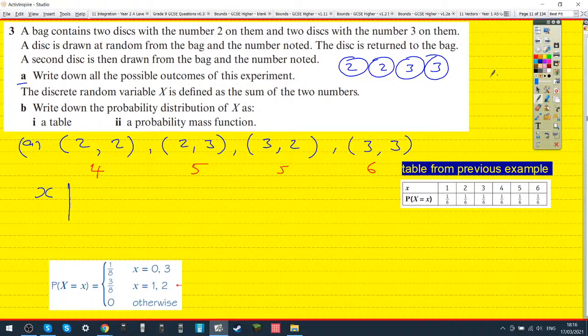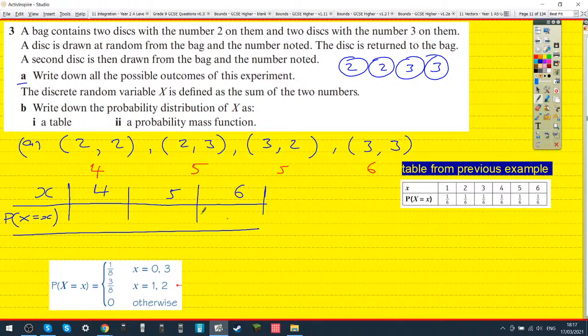So x can be 4 or 5 or 6. What's the probability that x is that particular value? A quarter, a half, a quarter. And as a probability mass function?